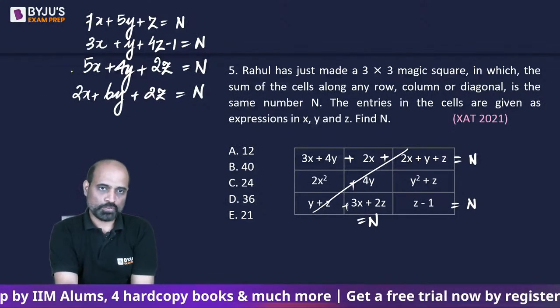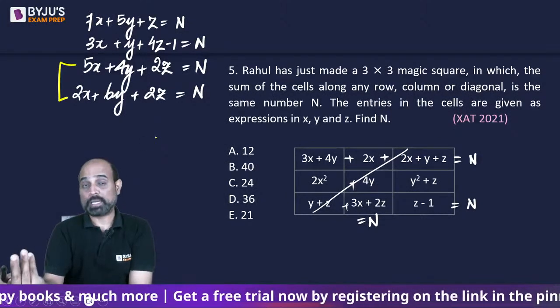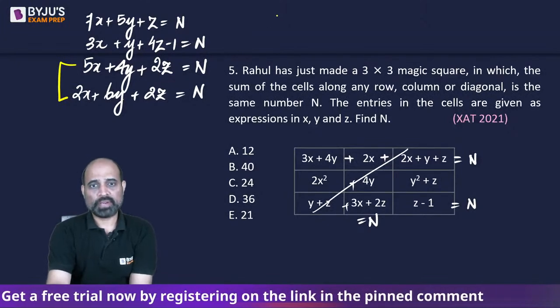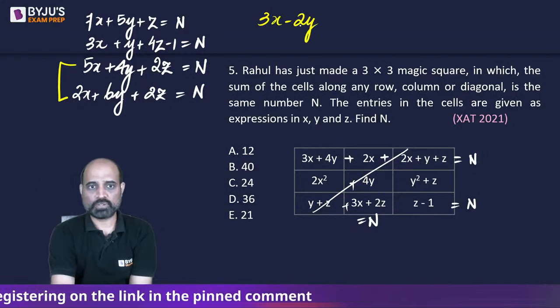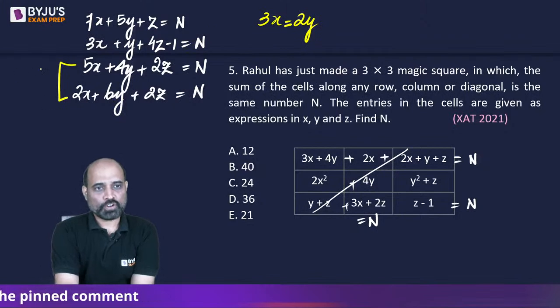For that, what we can do is if we subtract, we'll be able to eliminate z, right? So from here we will get 3x minus 2y is equal to 0, or 3x is equal to 2y. So from the first.